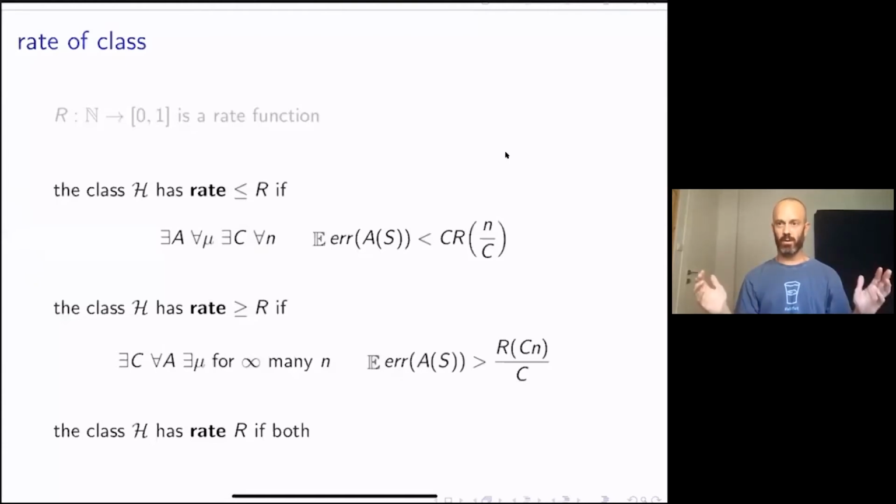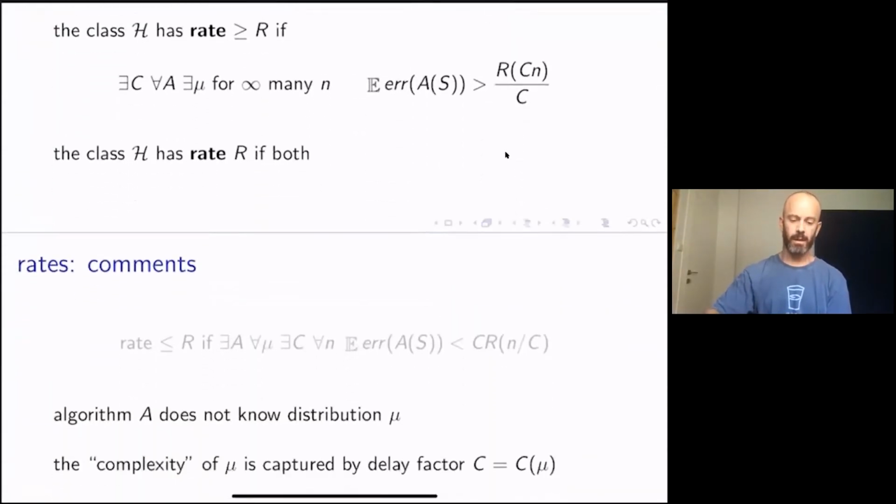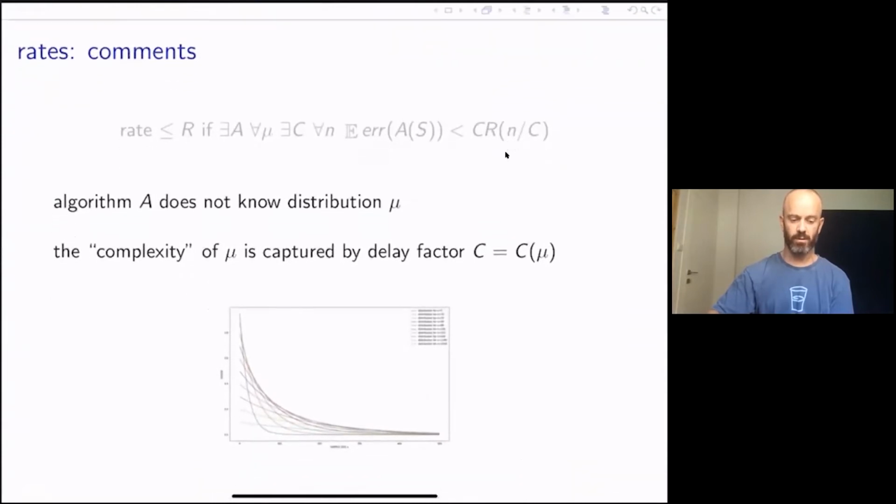H is our learning context, and we define the rate, how hard it is to learn, of this class of functions. This definition is motivated by everything I said so far. And I think the reason we are talking about it is that you can say something non-trivial about it.